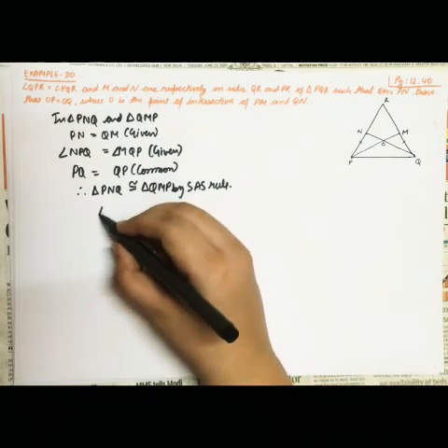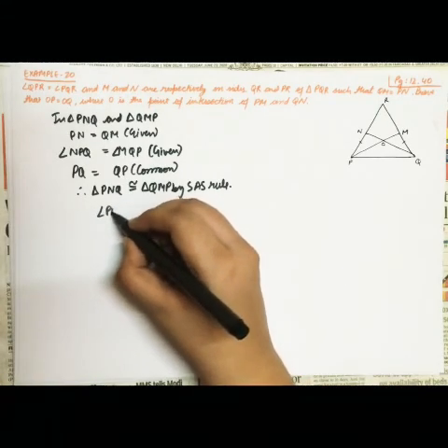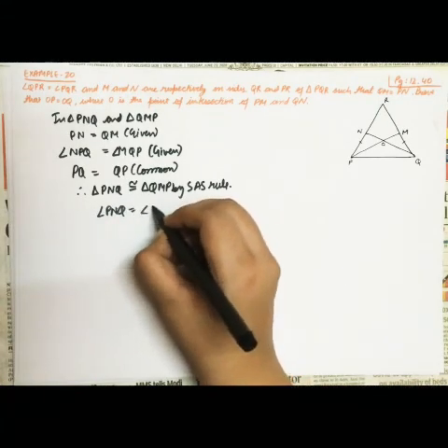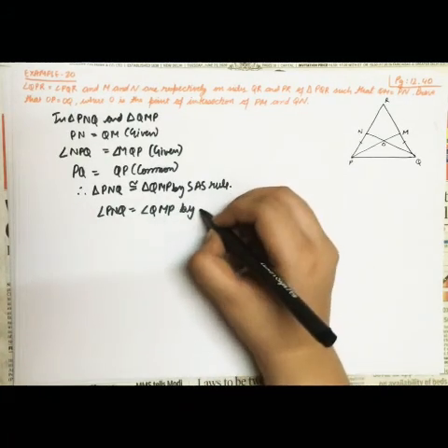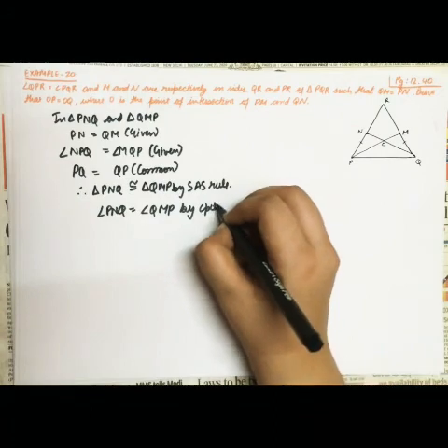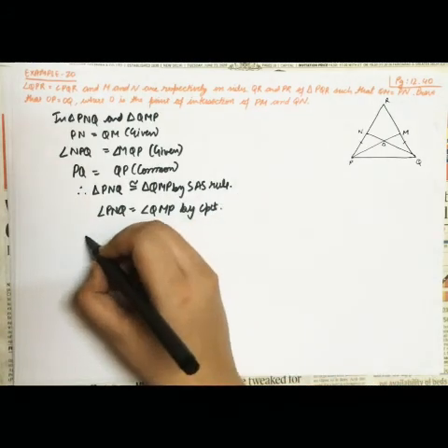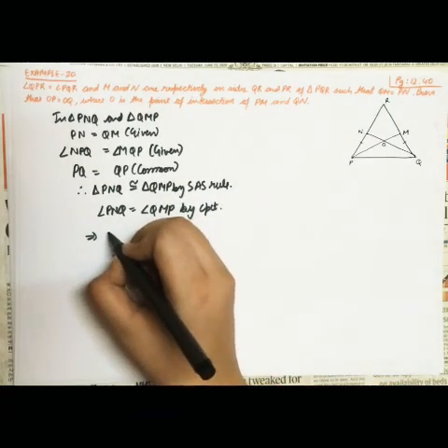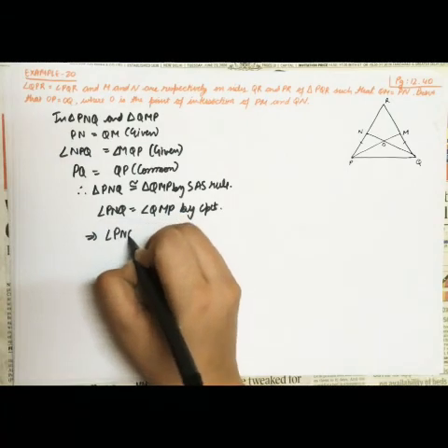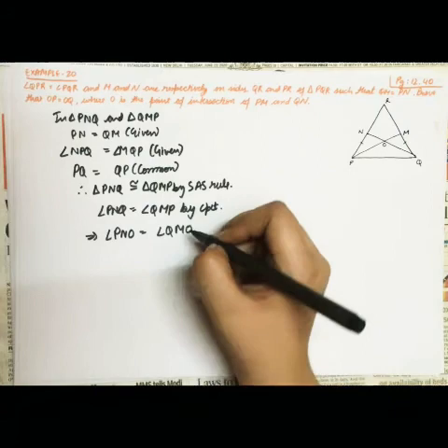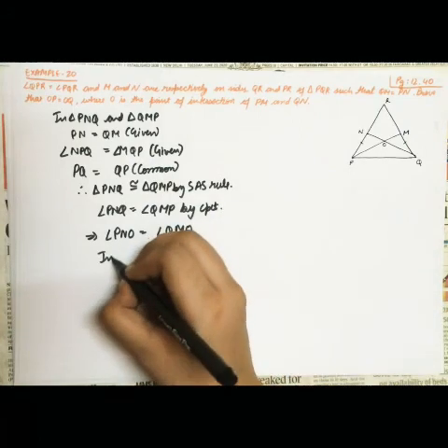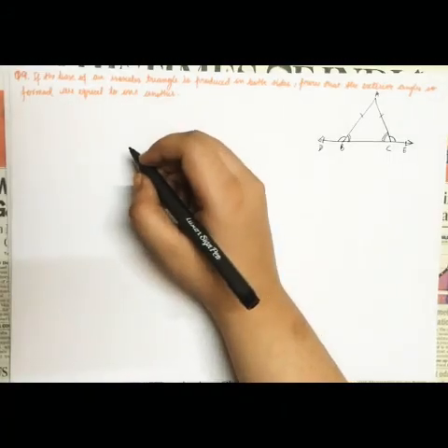So now angle PNQ is equal to angle QMP by CPCT, which can also be written as angle PNO and angle QMO.